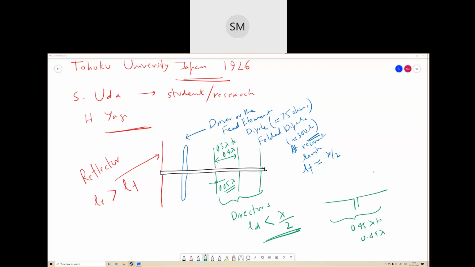This impedance, what is Z in? Option A is R. Option B is R plus jX. Option C is R minus jX. Option D is jX. Option E is minus jX. So what should be the impedance Z in from that source at the resonant length?